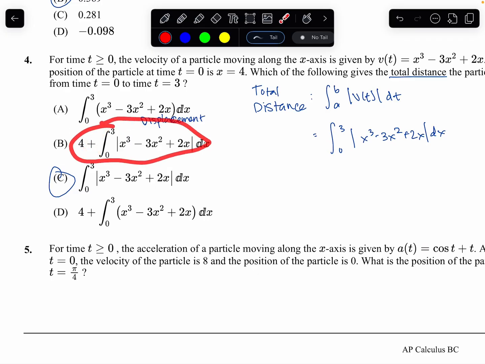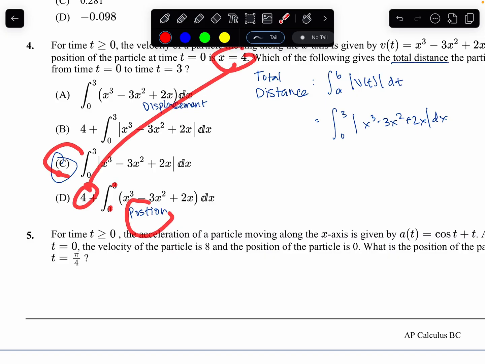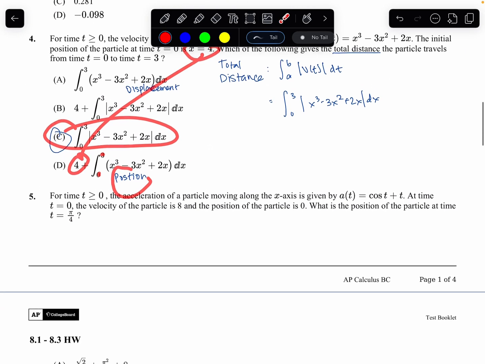That gives you the total distance traveled plus 4, which I don't know what that would mean. But then for D, this right here would be position. This is the position at t equals 3. So this is the displacement after 3 seconds. D is the position from 0 to 3, given that the initial position is 4. And then C is total distance.